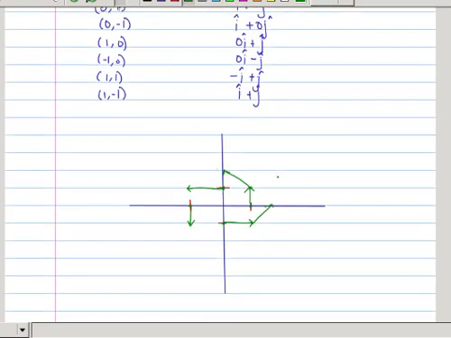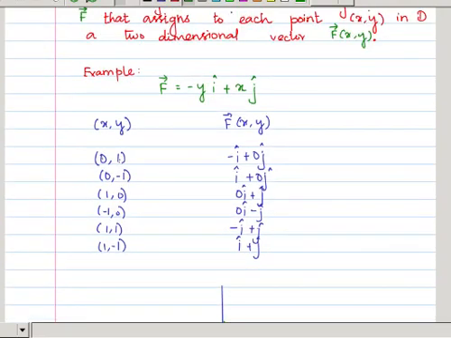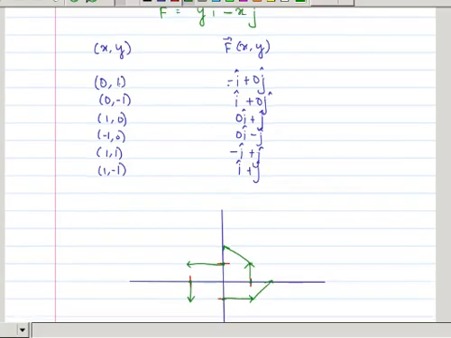Next, similarly, if you take f vector as plus y i minus x j, only the direction will change. The idea is the same. Suppose this is my y and this is my x.